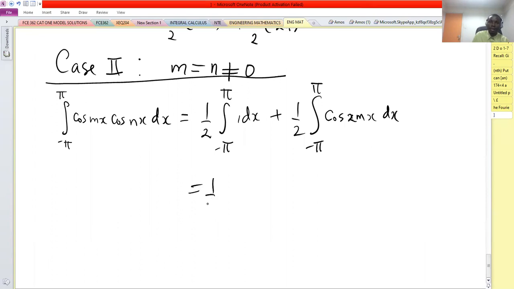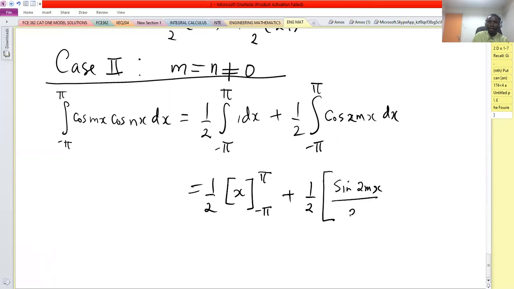So this will give us a half x from minus pi to pi plus a half. Integration of cosine is sine 2mx over 2m from minus pi to pi.